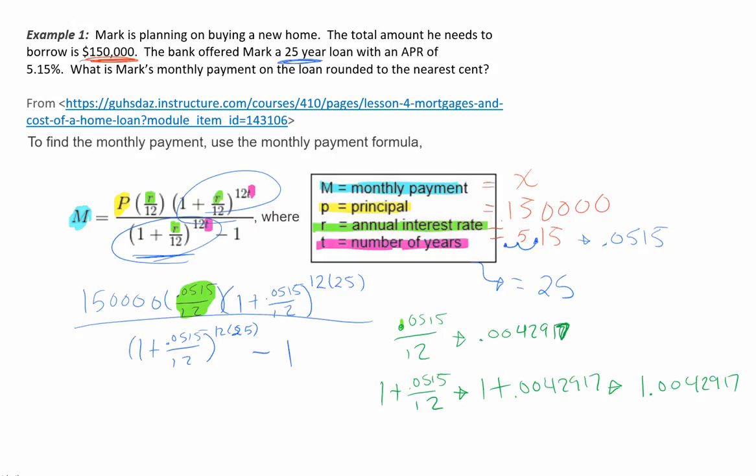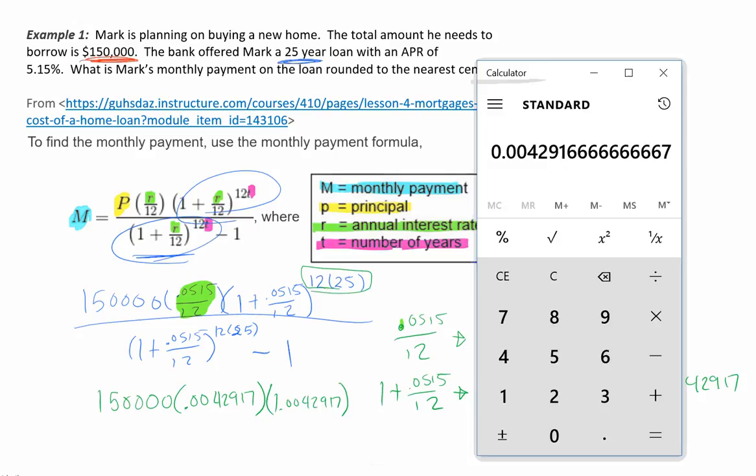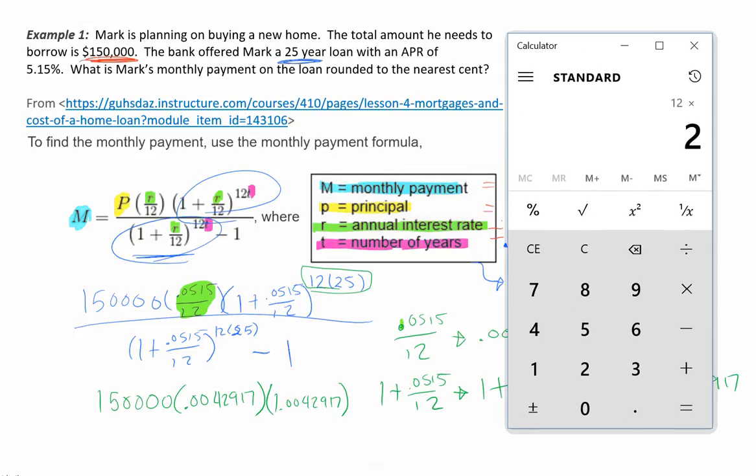So now we simplify it up and we get 150,000 times 0.004217, and then 1.004217, and then we can actually figure out 12 times 25, and we get 300.